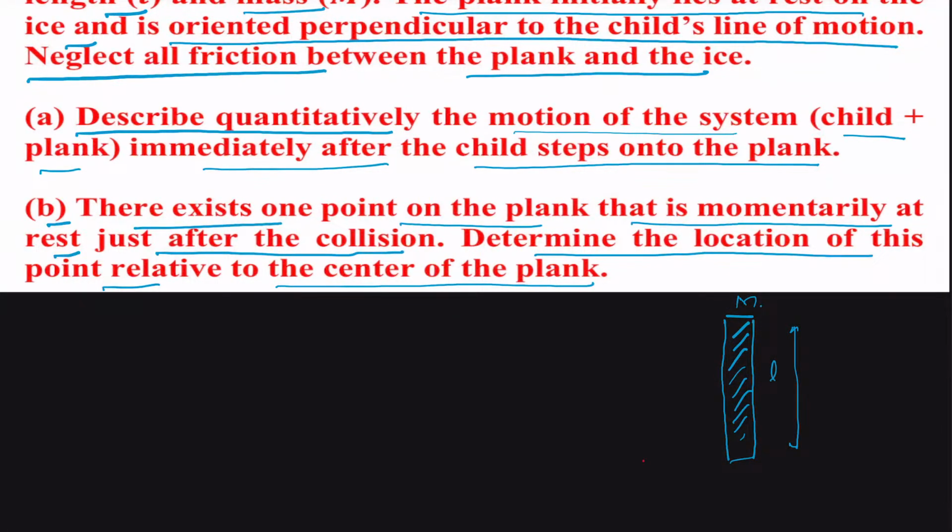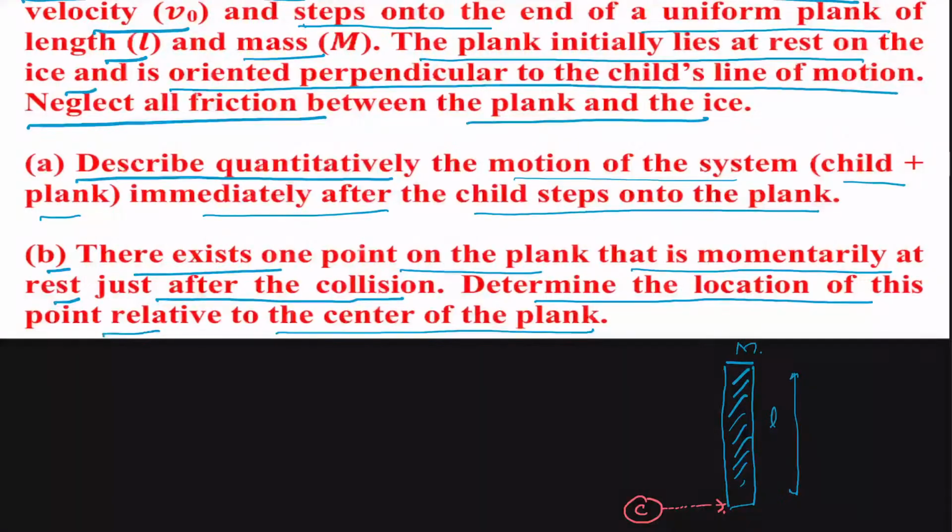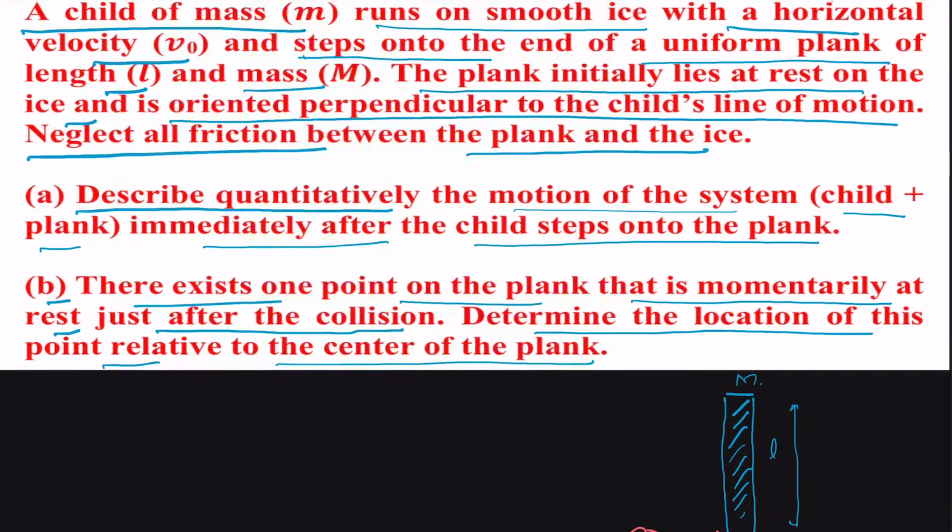Suppose C is the child and it is running in this direction and steps on it, and its velocity is given as v naught and mass is given as small m.